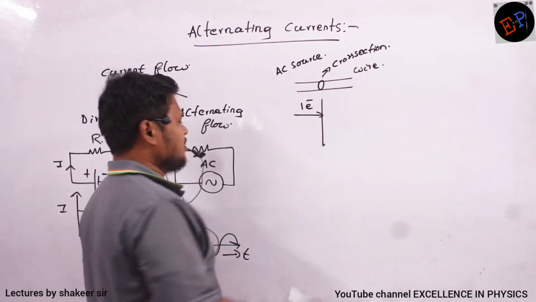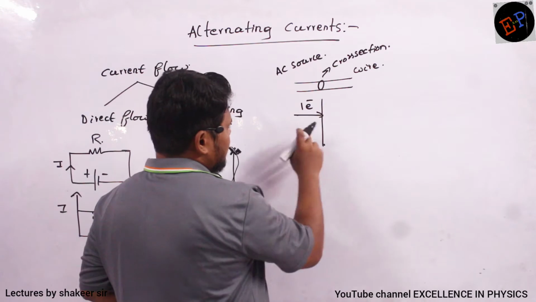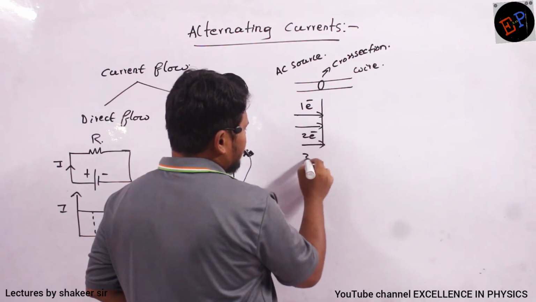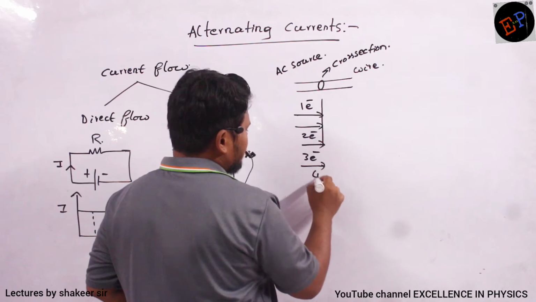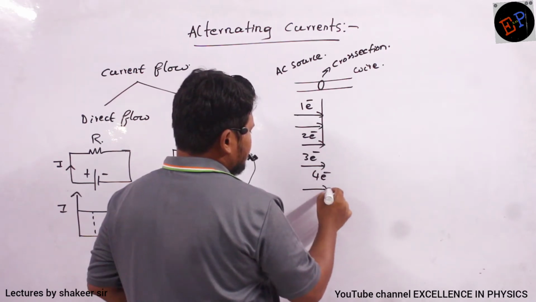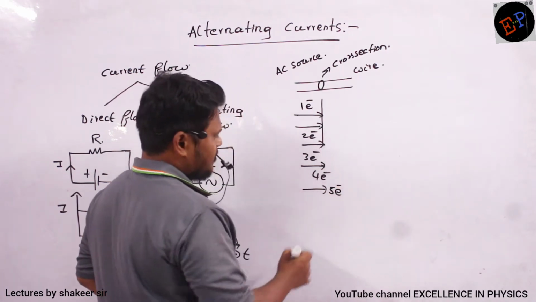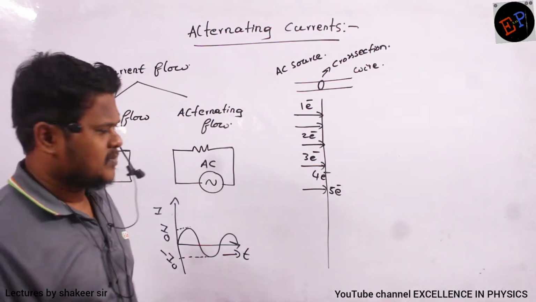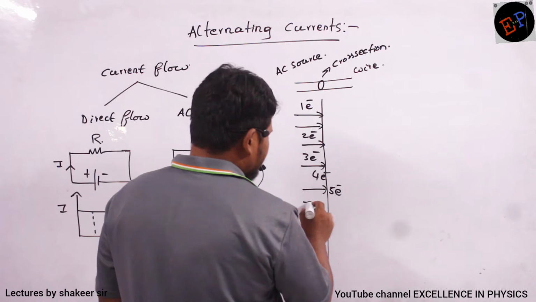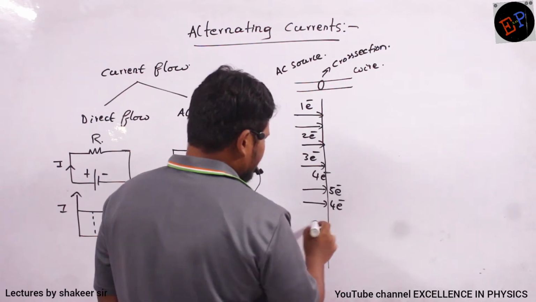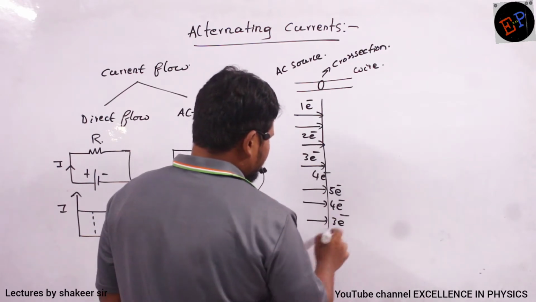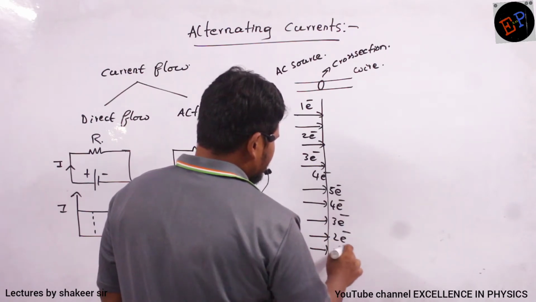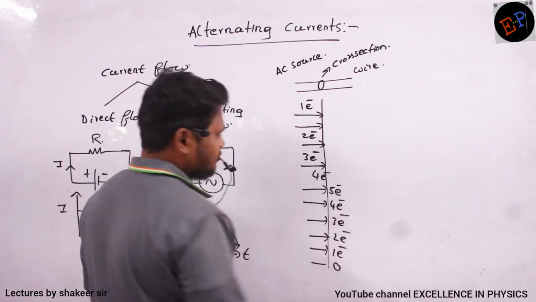Then I see that initially one electron will flow, then 2 electrons, then 3, then 4, then 5 electrons will flow. So what is happening to the strength of current? Increasing, no? Then afterwards 4 electrons will flow, then 3, then 2, then 1 electron, and finally 0.